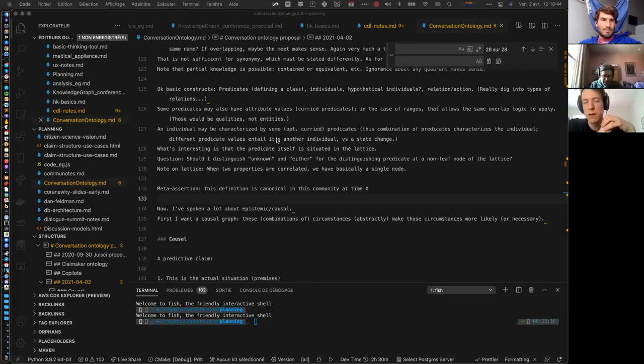Because, okay, in the case of an individual, what will differ is the value of a differentiating characteristic. In the case of a class, if you say, oh, this defining characteristic is different between our two definitions, it does not mean that the sets are disjoint.